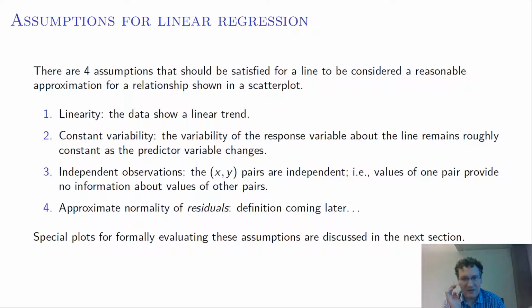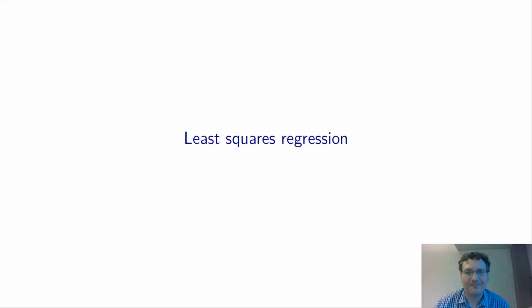This is something that is often violated when you have time series data, and so linear regression really isn't the most appropriate method for analyzing time series data. We'll talk more about that later, perhaps. And then the idea is that your residuals, the variation around the line, are approximately normally distributed. We'll look at how you evaluate each of these assumptions in due course.